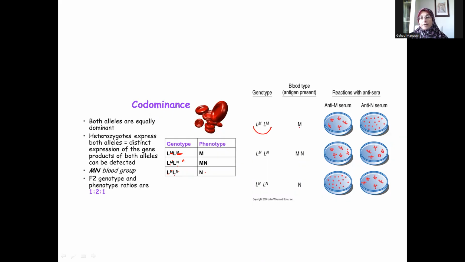So if you are MM, the antigen on your red blood corpuscle is M. Here, the two antigens are present and they are equally dominant, and therefore we consider it a case of codominance. So which of these three genotypes is an evidence of codominance? No, it is the MN that is an evidence of codominance.